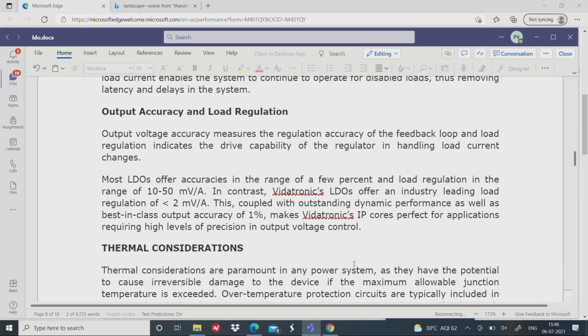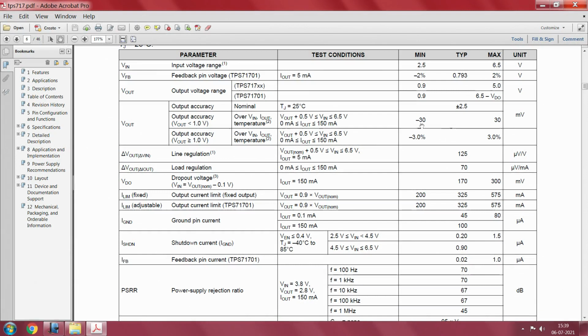Now coming to output accuracy and load regulation, we discussed enough, but again I want to point you to an important thing here. Output accuracies, essentially most LDOs offer accuracies in the range of some percentage and load regulation in the range of 10 to 50 millivolt per amp. Let me draw your attention to what is shown here in this other sheet. This other sheet is telling you that it is roughly about 3%. Okay.